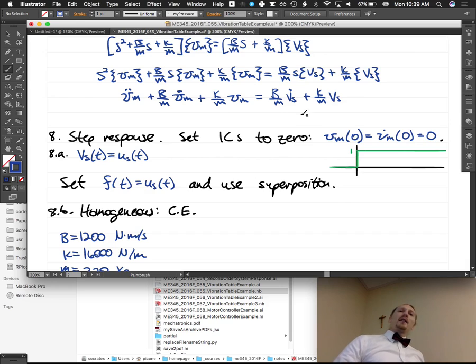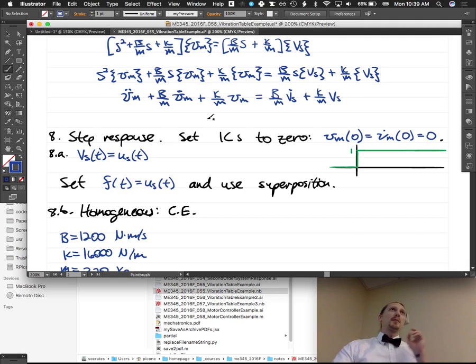We are going to find the step response of this. So we're going to set the entire right-hand side of the equation to be just a step input. If this was just a step input, we can solve that differential equation pretty straightforwardly. Then we can use a mixture of superposition and the differentiation rule to find the output, because this is a linear time invariant differential equation, right?